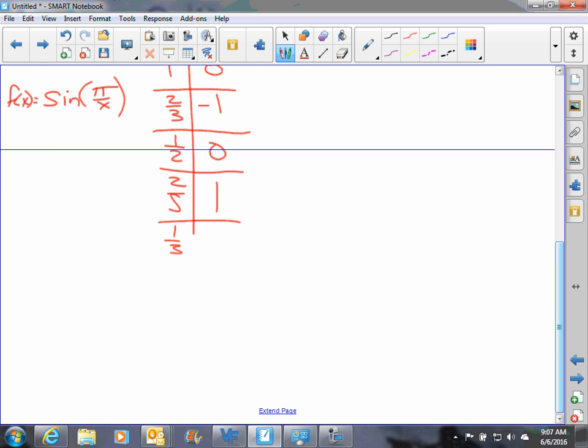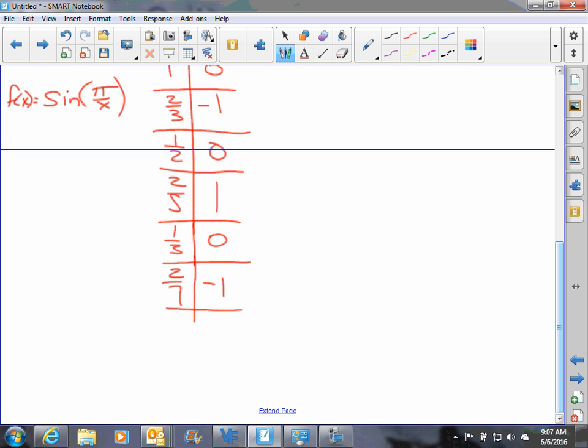Now, the sine of pi divided by 1/3 is the same as the sine of 3 pi, which again is 0. Then let's try 2/7. Now, the sine of pi divided by 2/7 is the same thing as the sine of 7 pi over 2, which is again -1.